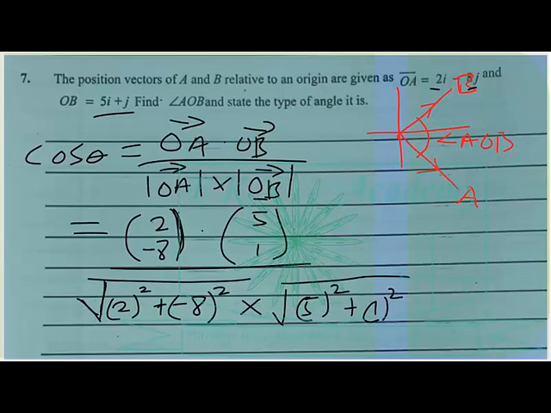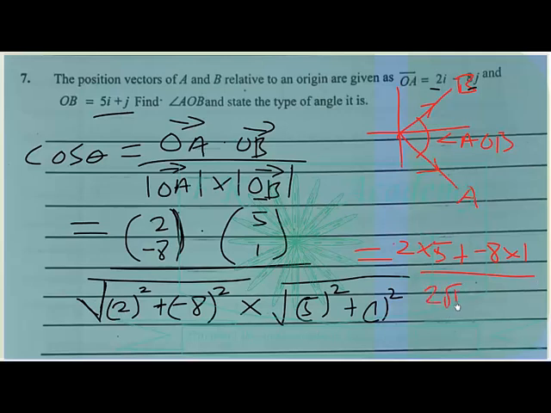Now this simplifies to 2 times 5 plus negative 8 times 1 all over 2 squared is 4 plus negative 8 squared. So that will give us 2 root 17.